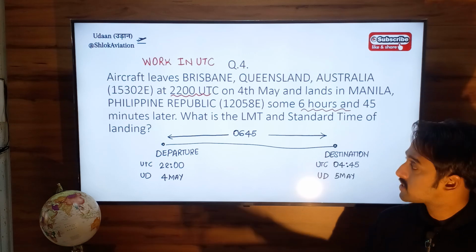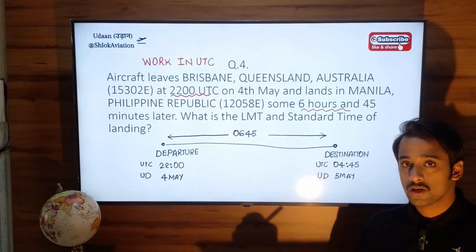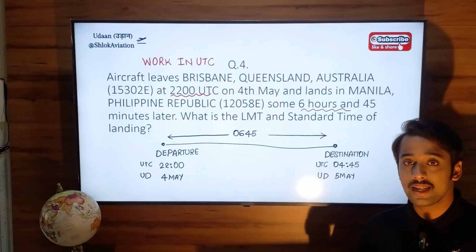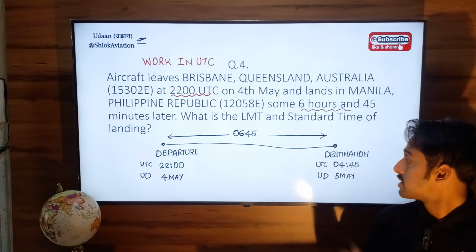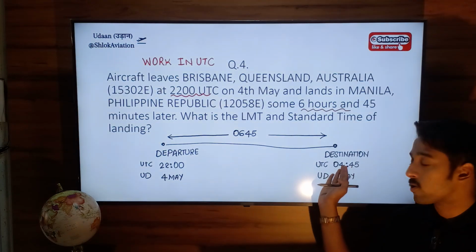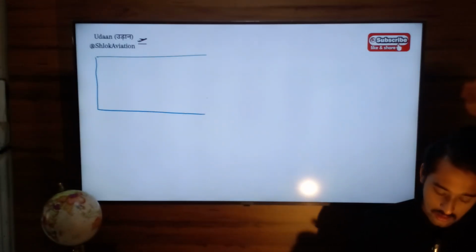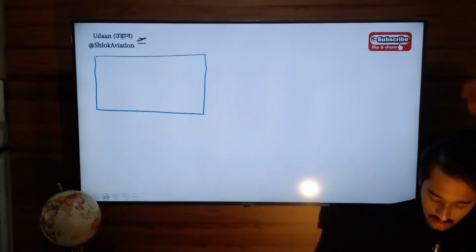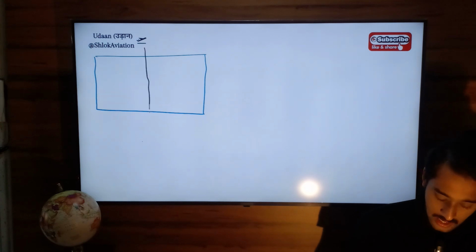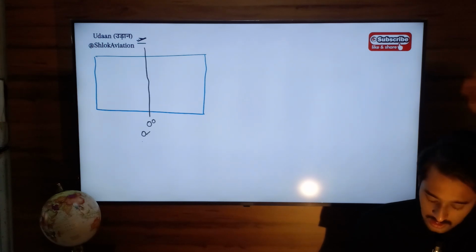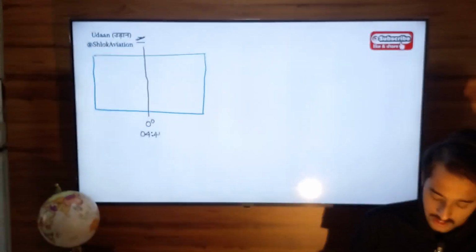Now we want a final answer in LMT. What is the LMT time of landing? UTC time of landing is 4:45. Let's convert that into LMT. So let's draw the diagram. We have the prime meridian and we have time 0445 over there.